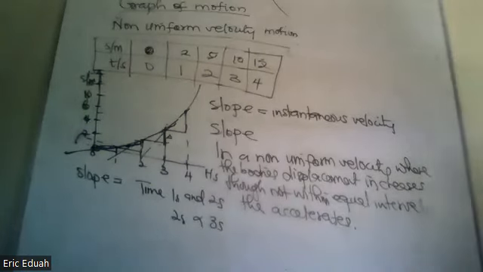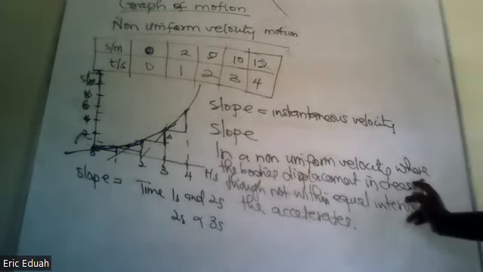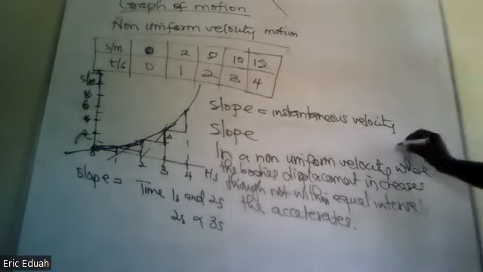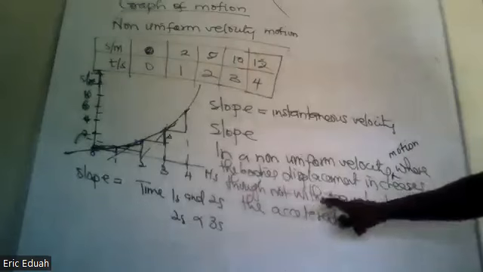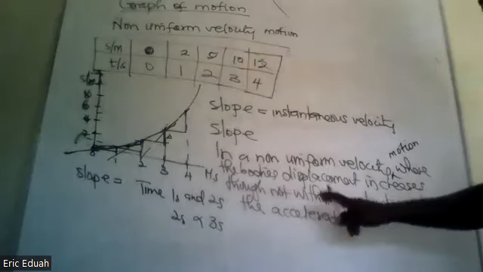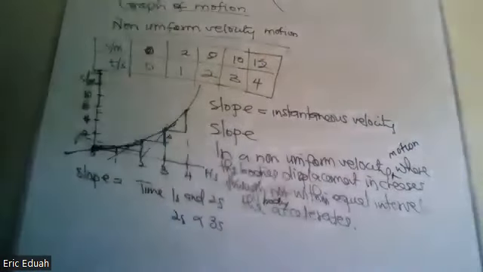Can you read that? In a non-uniform velocity motion, where the body's displacement increases, though not within equal intervals, the body accelerates.